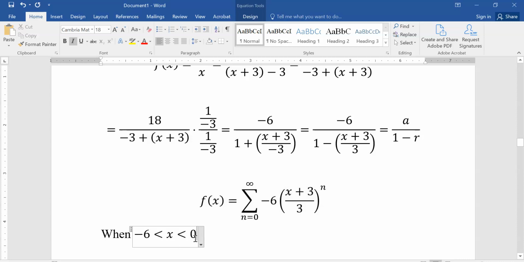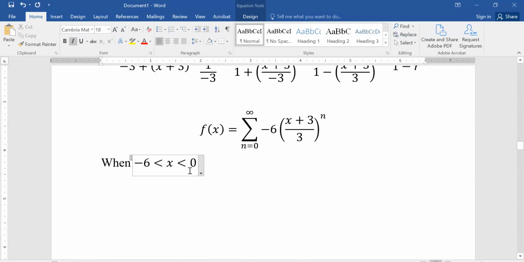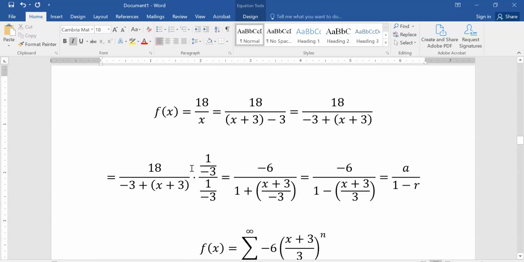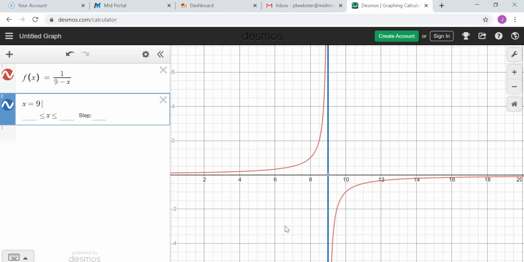By the way, notice this is always going to happen: one of the endpoints of the power series is where I have the asymptote of the function. So it's what makes my denominator 0. So notice that this one went from -6 up to 0. We had to stop at 0 because our function goes off to infinity there.